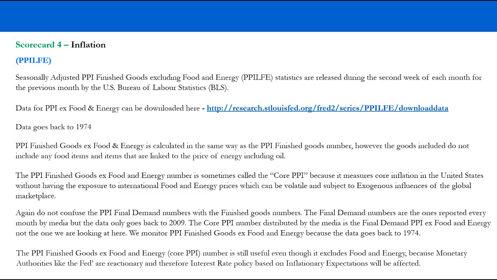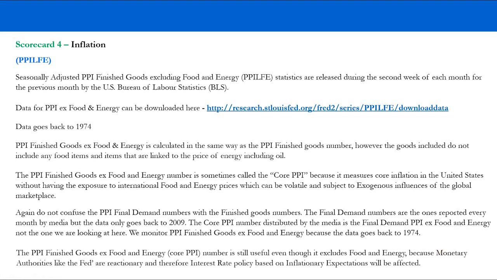So the reaction is going to be linked to monetary policy, so either interest rates or money supply, and that reaction is going to be based on the inflationary expectations of the central authorities. So obviously monetary policy is going to be affected here. So this is why it's still important, and this is why it's still useful.